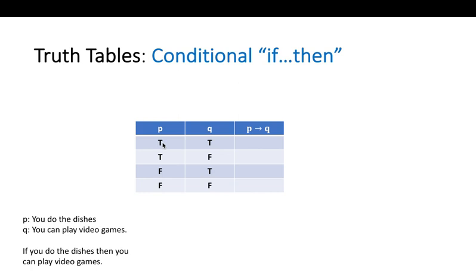If you do the dishes, then you can play video games. You do the dishes. You're allowed to play video games. Was this statement true or false? It was true. You do the dishes. I don't let you play video games. I lied to you. This statement would be false. You'll see this on the next screen.